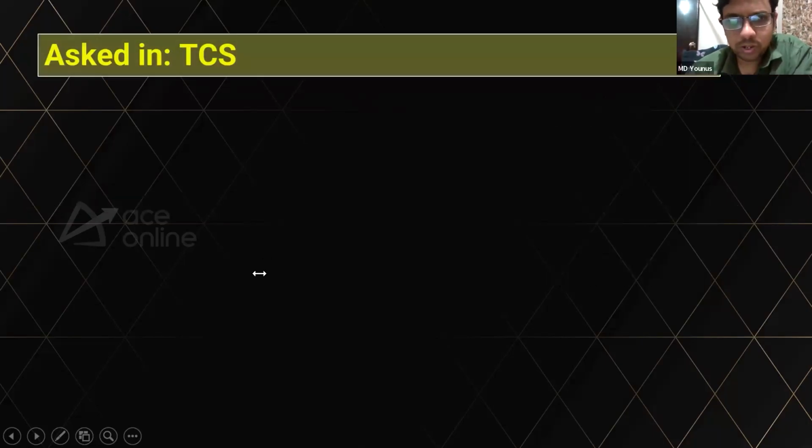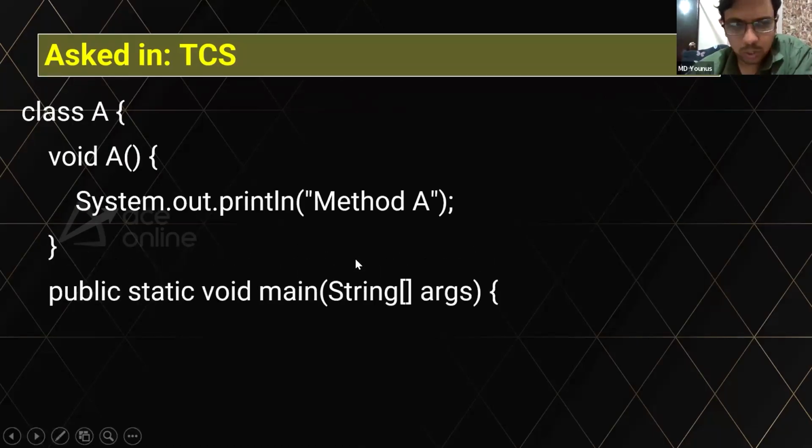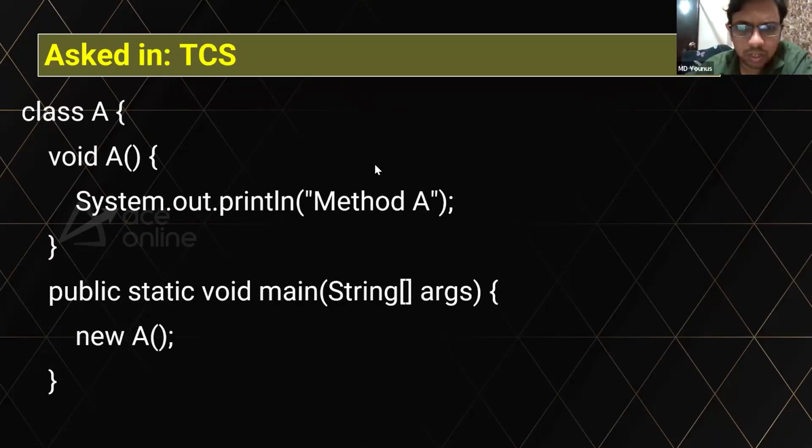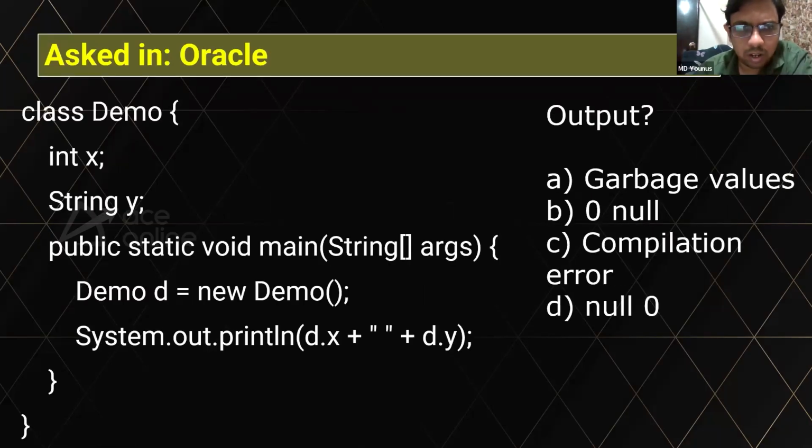Now another question from TCS. Let's say we have class A, void A, System.out.println method A, and public static void main, new A. What will be the output for this? If you look at the previous example, there is no constructor provided here.